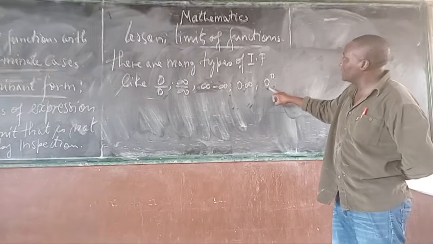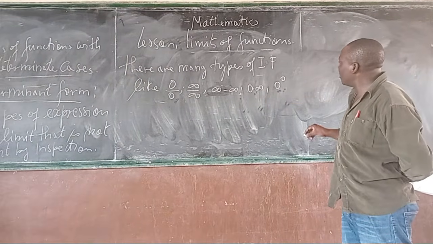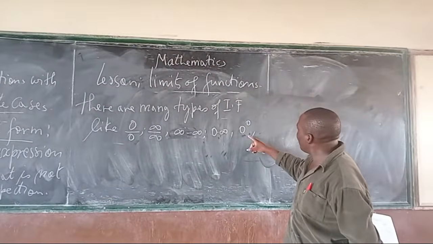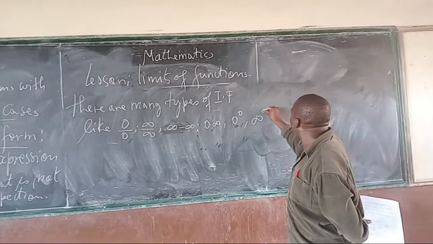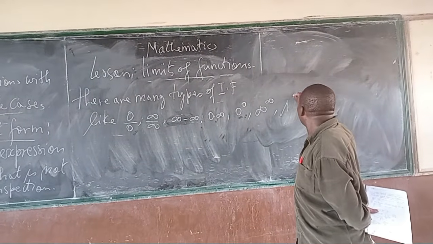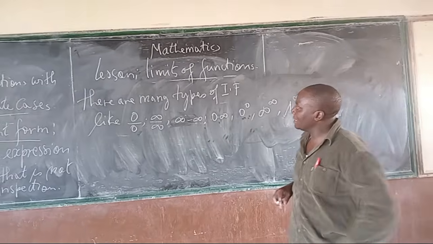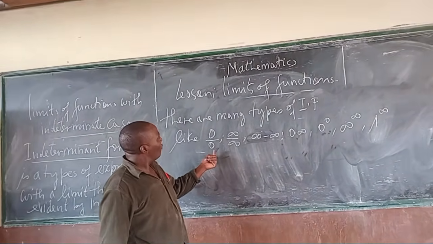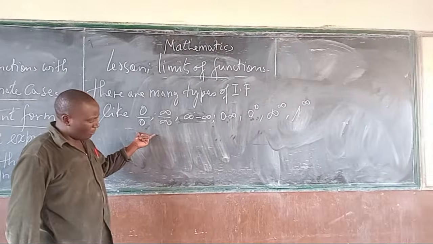This 0 power 0 is said to be an indeterminate form. After that, there is infinity power infinity, and after infinity power infinity, there is 1 power infinity. Those are many types of indeterminate form.